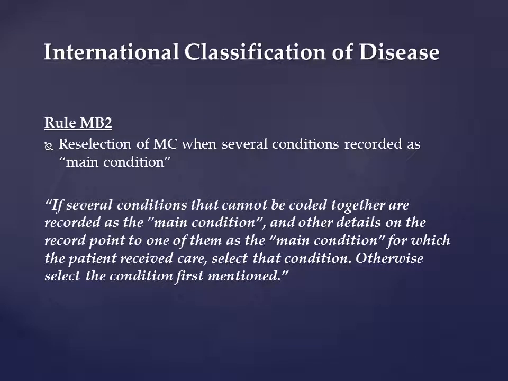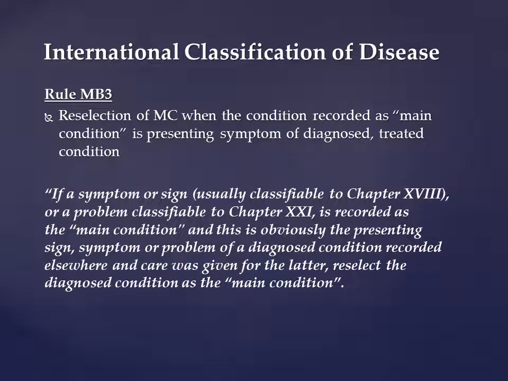The second rule: if there are several conditions that are all coded as main condition, they cannot be all coded together. So the main condition that should be selected is the one that the medical records point to as the reason for care or treatment. Otherwise, select the condition first mentioned. The third rule is to reselect the main condition if it represents a previously diagnosed or treated condition.